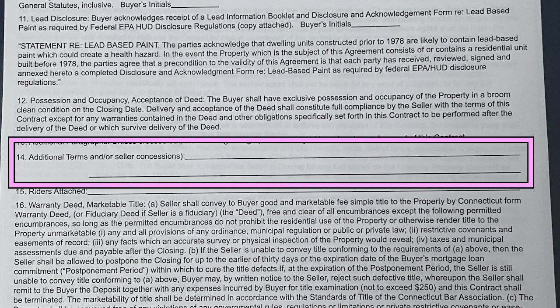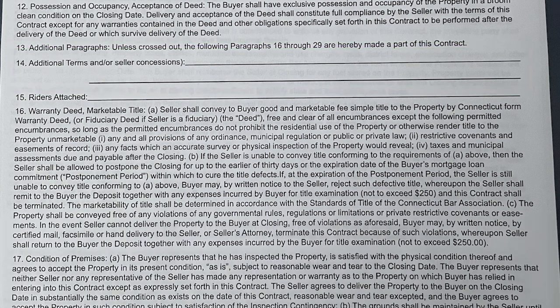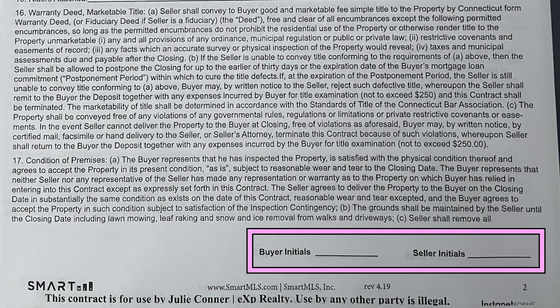So if you have escalation clauses or other terms that you want to put in there, please make sure that the buyer's attorney has really gone through it. I would suggest that they write that out and put it as an addendum to the contract. But be very, very careful about what you're putting in there. So you are going to be having your buyers initial this second page.